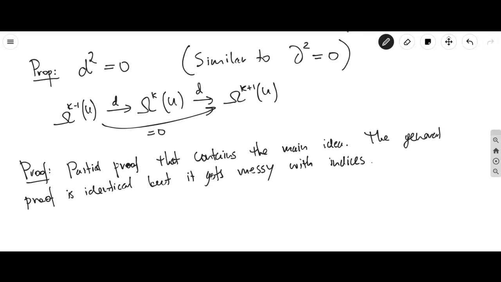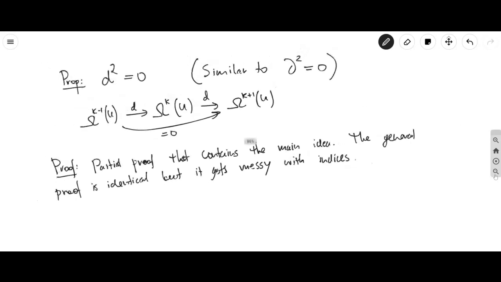When you generalize this proof, you'll see it's the exact same proof, you just have a lot of indices to worry about, which makes the proof look more complicated than it actually is. So I'm just going to show it to you in the simplest possible case, and you'll see the idea that makes this work.